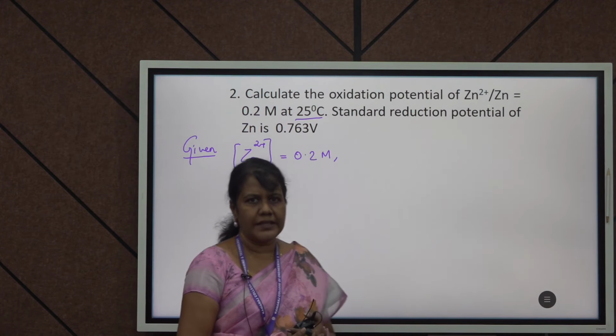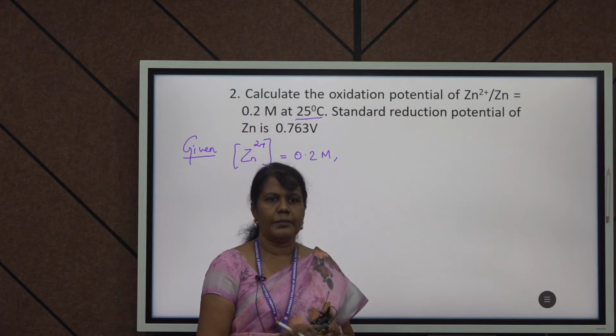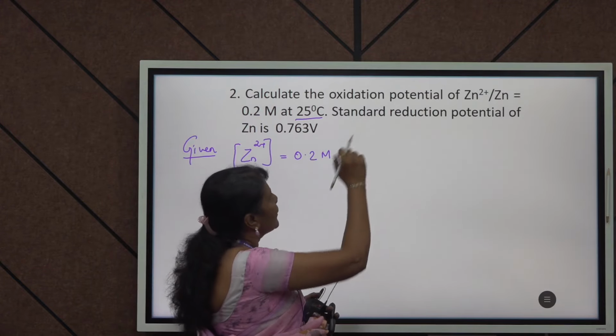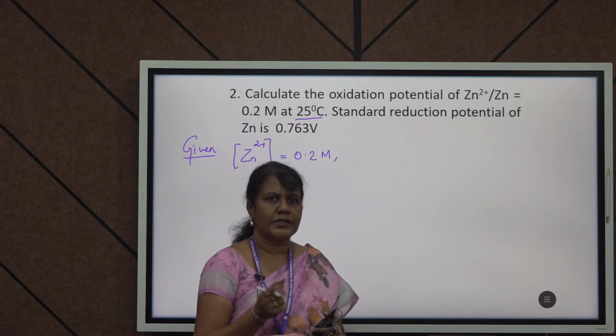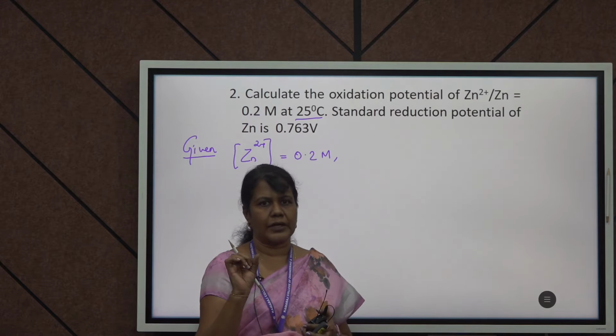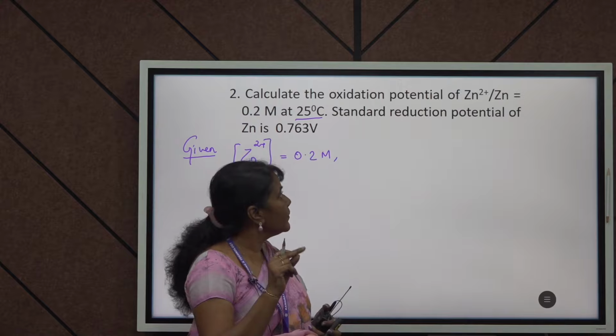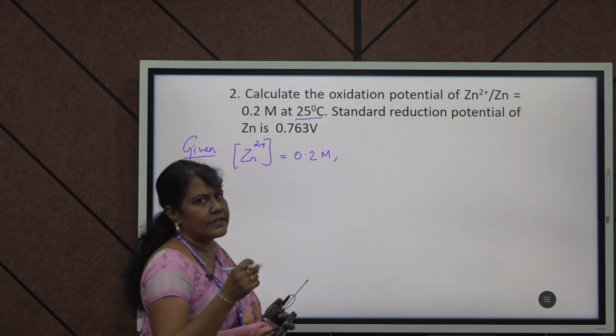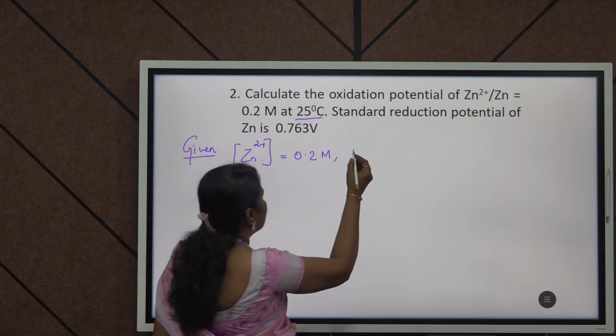Actually in the EMF series, the reduction potential of zinc will be minus 0.763 volt. Now since we are going to find out the oxidation potential, the oxidation potential of zinc will be minus of the reduction potential. So minus 0.763 will become plus 0.763 volt.